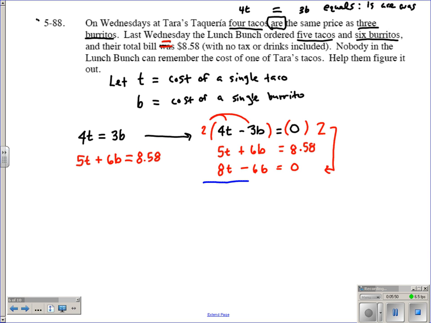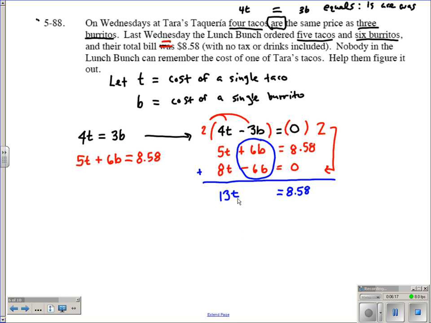So let's add our two equations together. 5T plus 8T is going to give me 13T, or 13 tacos. 6B plus a negative 6B is going to give us 0, so that has canceled out. So 13 tacos equals $8.58.